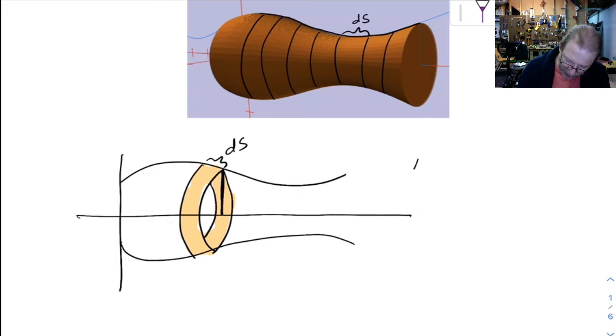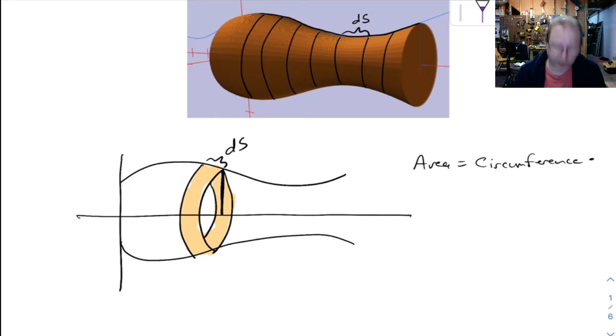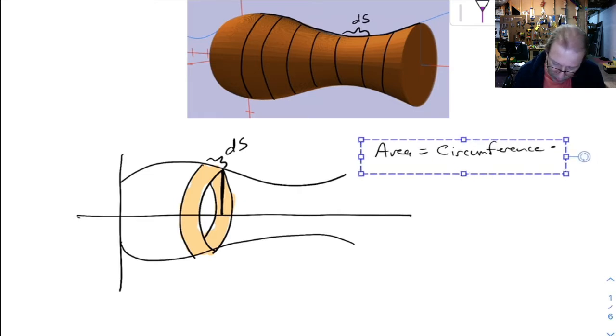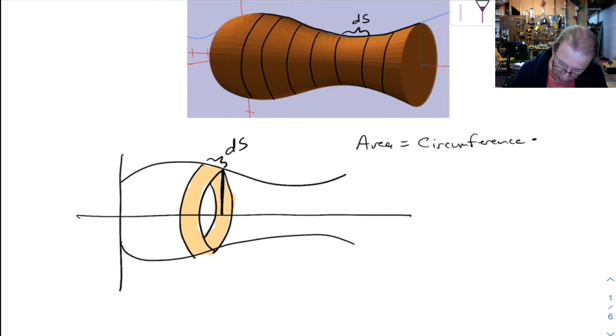So the area of the band is going to be the circumference times the width. And from just geometry, the circumference of a circle is 2 pi times the radius. And the width of this thing, we've already said, is ds.